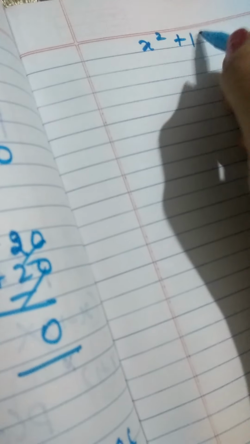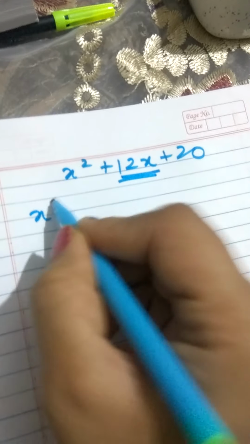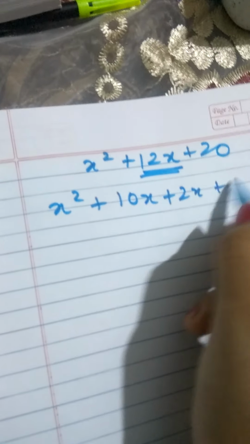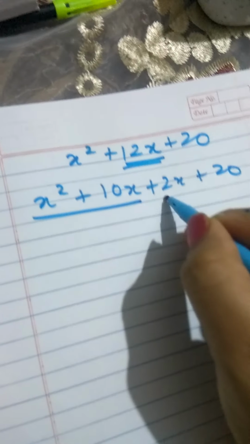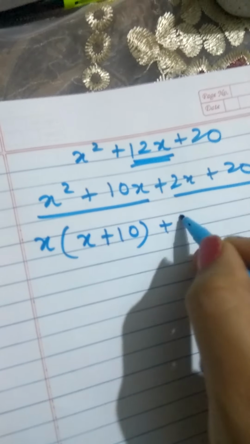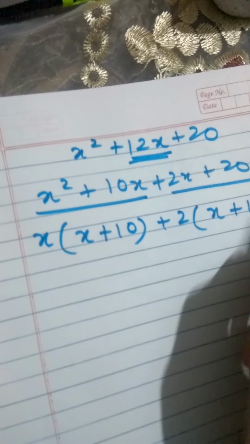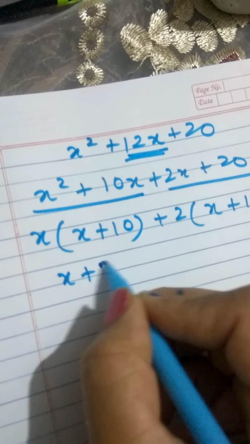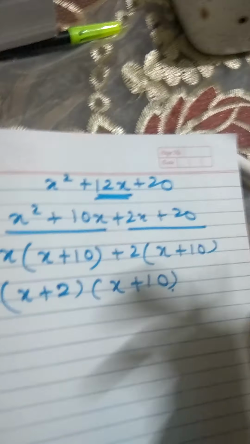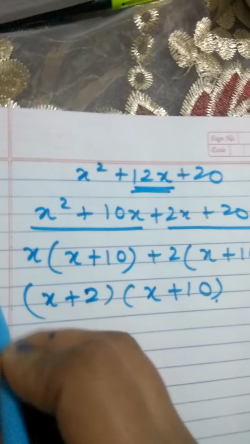So I will take 10 and 2. x square plus 12x plus 20, I will split the middle term: x square plus 10x plus 2x plus 20. I will take common from these two and common from these two. x into (x plus 10) plus 2 into (x plus 10), so (x plus 2) and (x plus 10) become the factors, and one factor I have already found, that was x plus 1.